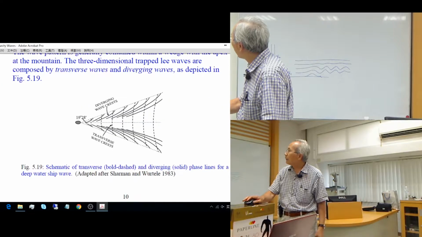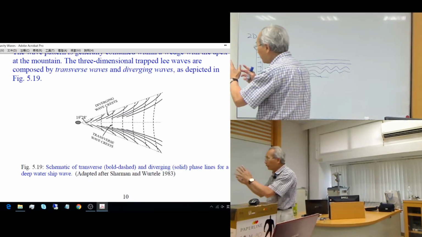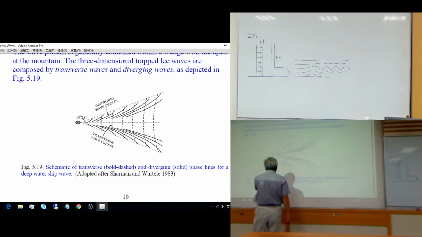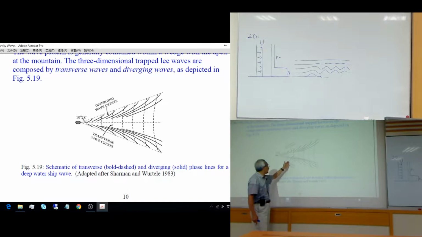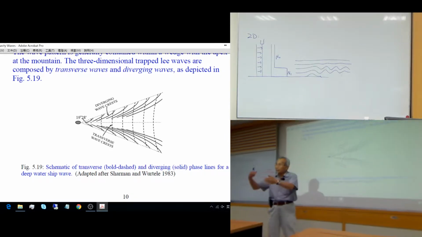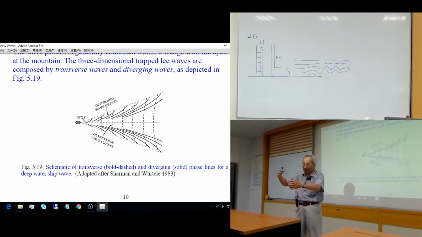This kind of wave is composed of two different types of waves. One is this repeating pattern perpendicular to the wind. We call it the transverse wave because it is transverse to the basic wind, which goes from left to right.